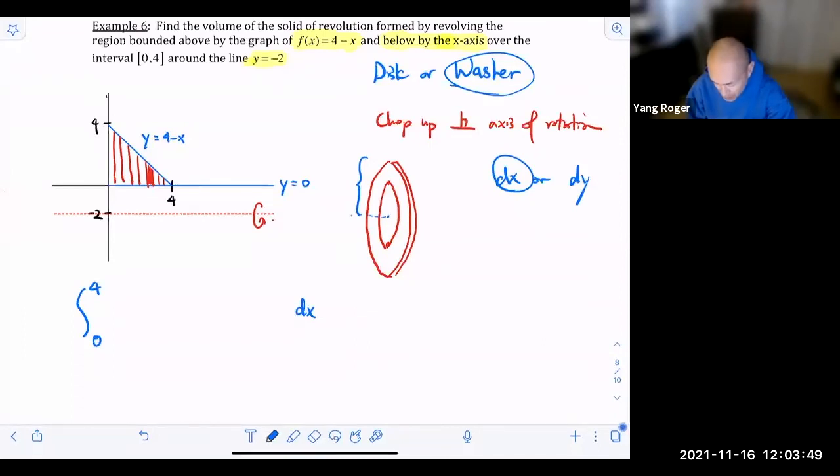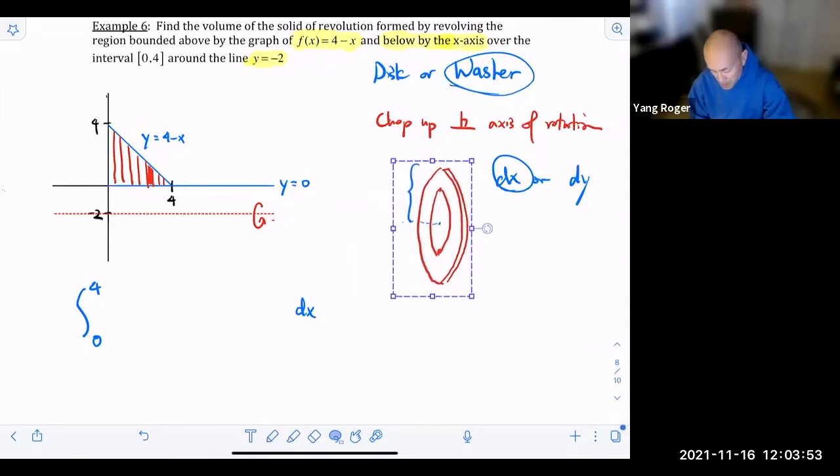And if we go from here to here, that's going to be R small. What do you guys think R small should be?